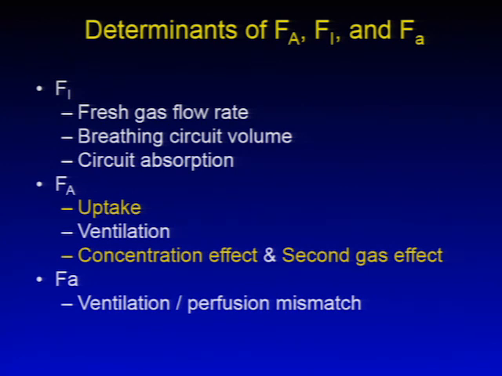For example, inspiratory gas concentration depends on fresh gas flow rate. The higher the gas flow rate, the more you can achieve the target inspiratory gas concentration. It is also related to breathing circuit volume and circuit absorption. The alveolar gas concentration is determined by the uptake of the gas. Uptake means removal of the gas from the alveolar space to the blood.